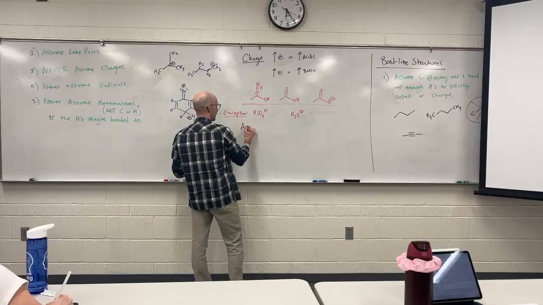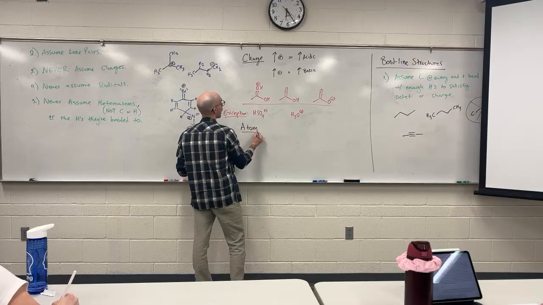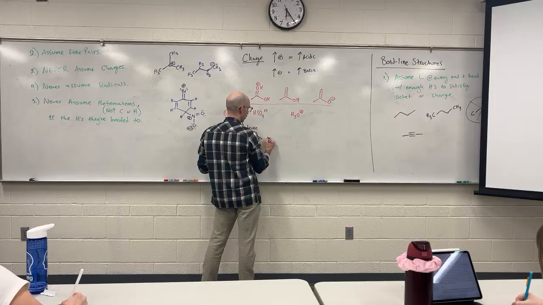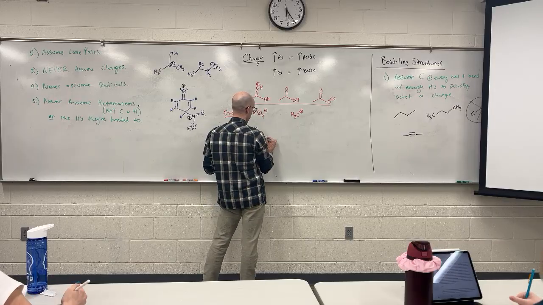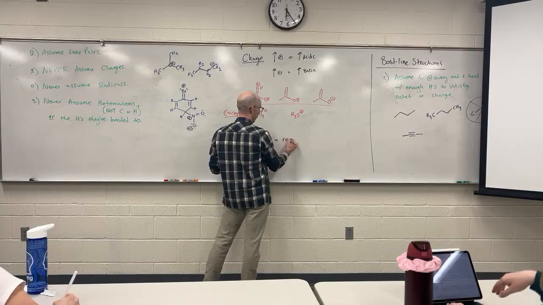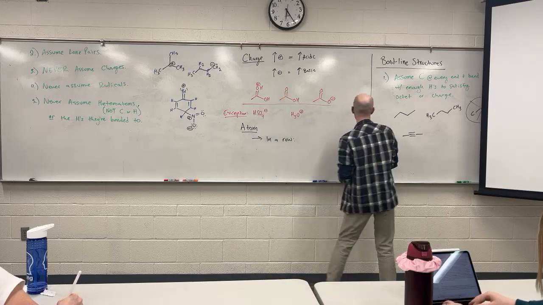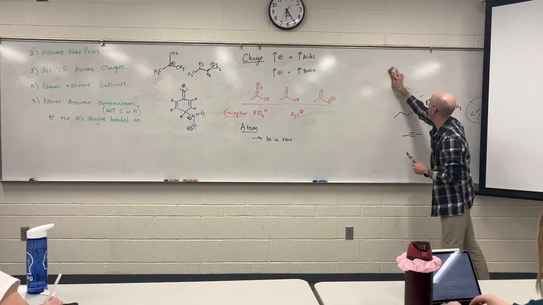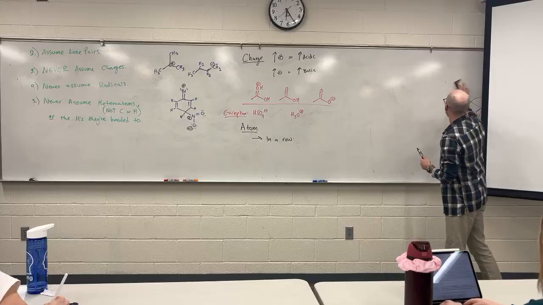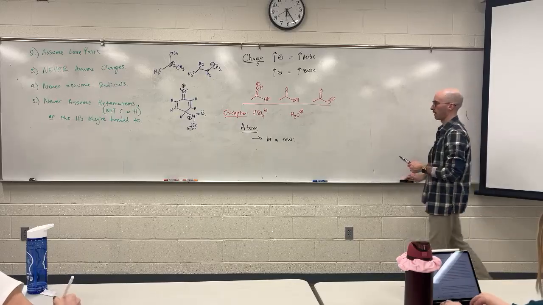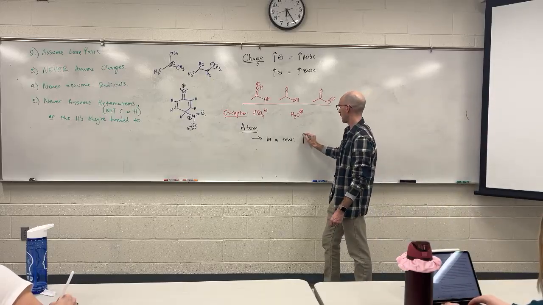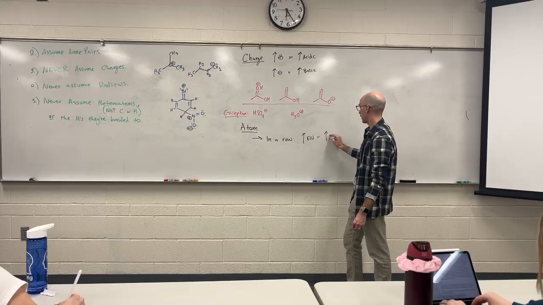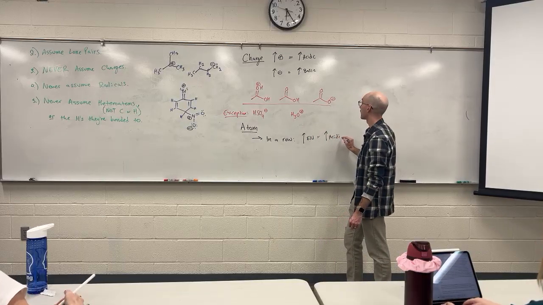Okay, A stands for atom, but we're going to look at this in 2 different ways. First, we're going to look at in a row, comparing atoms that are in the same row as each other. Increasing electronegativity is increasing acidity.